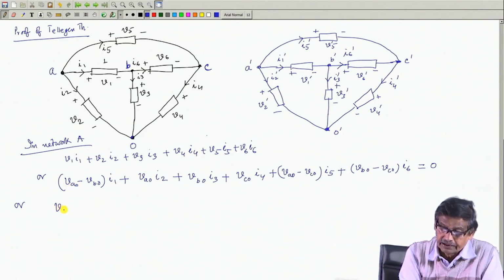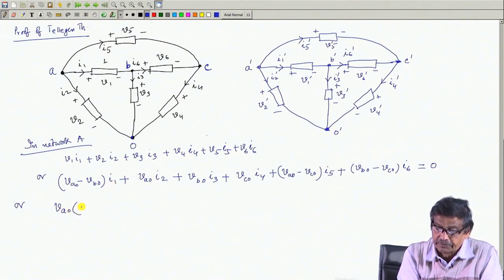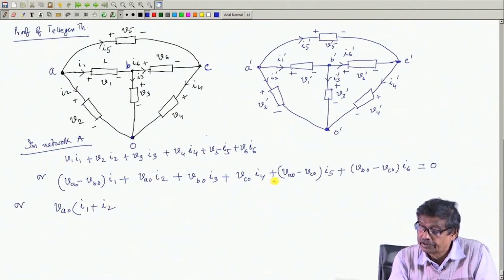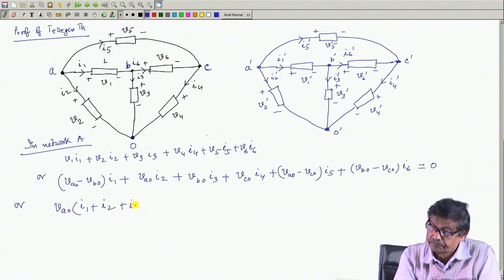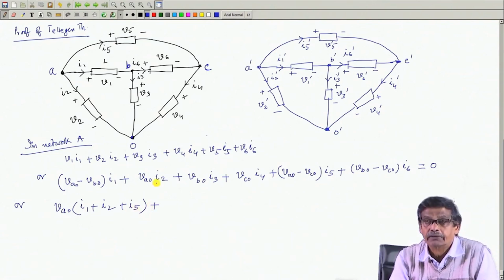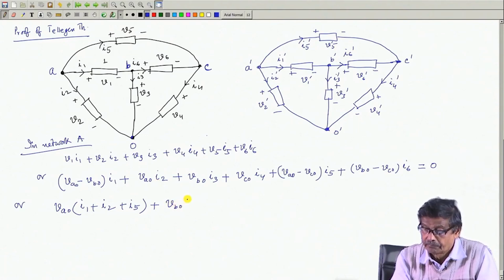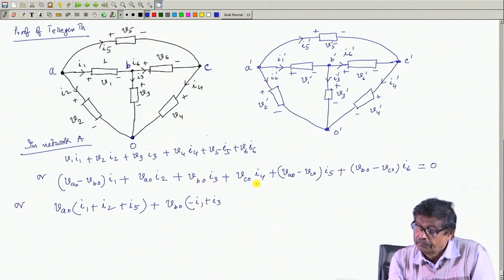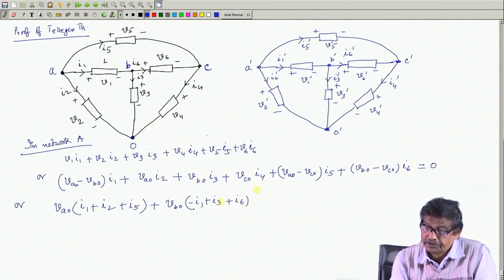So, I can say that V_A0 into, from this term it will come I1 plus I2, this term V_A0, no V_A0 here, here also there, plus I5, and no other V_A0. Plus V_B0, similarly I will calculate V_B0. V_B0 is minus I1, this will give minus I1, this will give plus I3, V_B0 is here once again plus I6, this will be the V_B0.